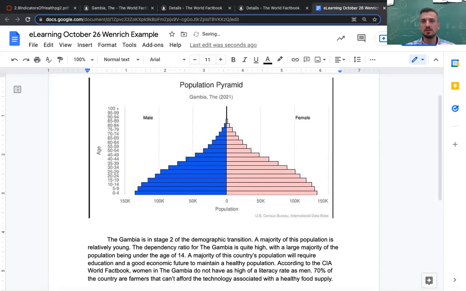Not a bad claim to make, according to that. So this population has got some issues, but we can keep going.